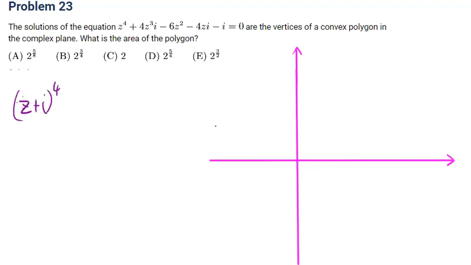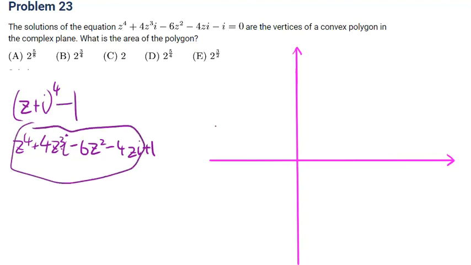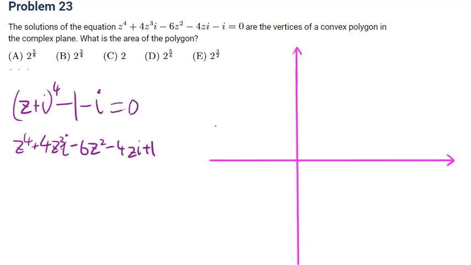Because (z + i) to the fourth power is z to the fourth plus 4z cubed i minus 6z squared minus 4zi plus 1. It's similar to this, but this plus 1 is replaced with negative i. So we take away 1, and now it becomes this part without the 1, and then we minus i, and then it just becomes this. See?